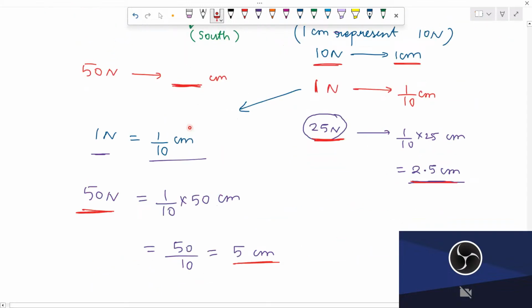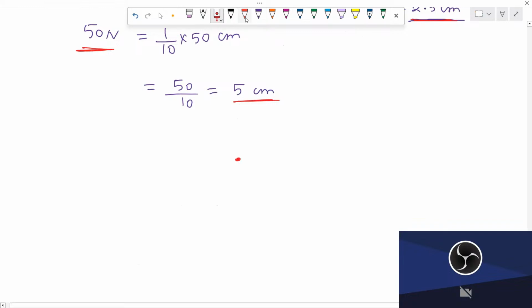Okay, look here. If we take the center point or the origin here, then for the 25 Newton and the 50 Newton, in order to represent 25 Newton we are taking 2.5 centimeter length, and for the 50 Newton force we are taking 5 centimeter length.